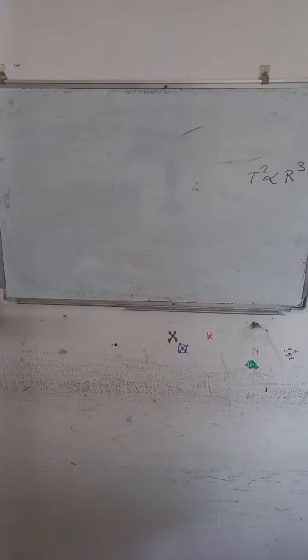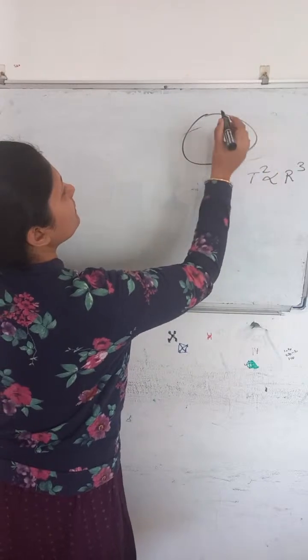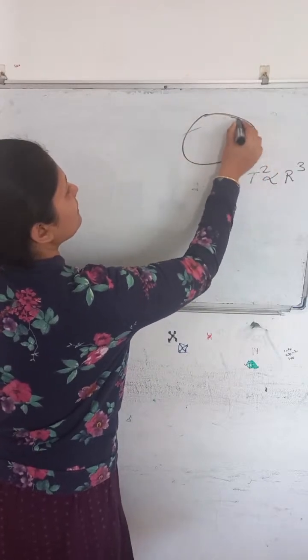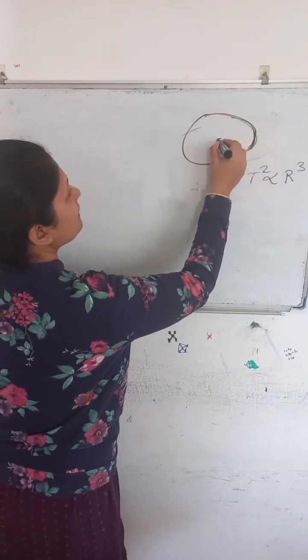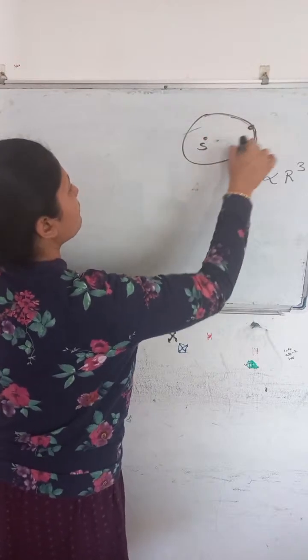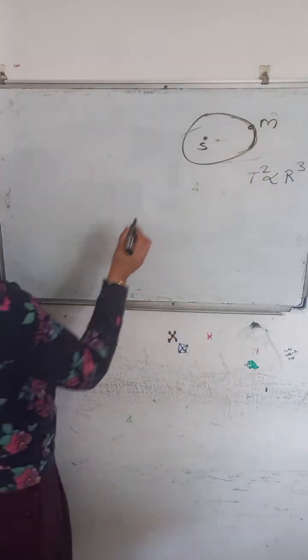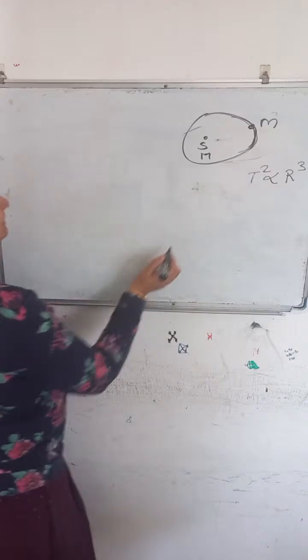So again we have to consider a planet. Suppose these are elliptical orbits. You can take this as the sun, and the other planets are revolving around the sun. The planets have mass small m, and capital M is the mass of the sun.